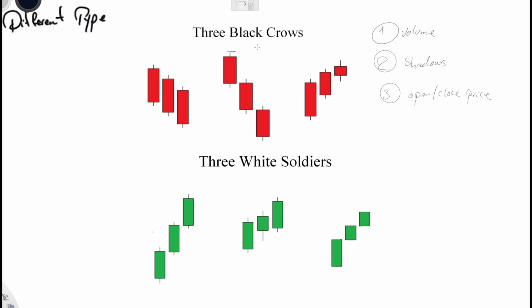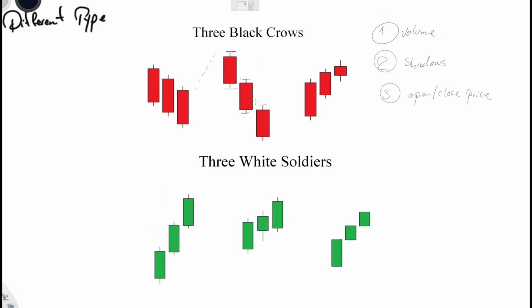So here in the three black crows pattern, after an uptrend, this candle appears, which opens here and closes here. The second one opens above the previous close and closes below the previous close.